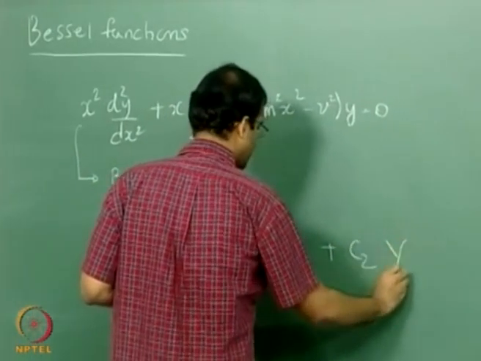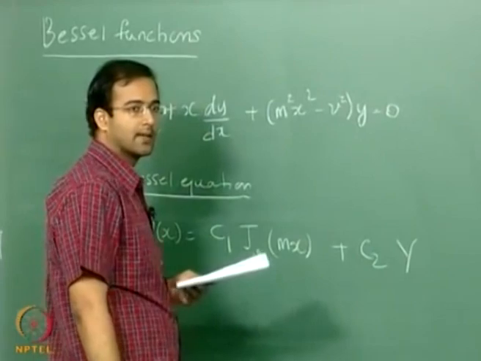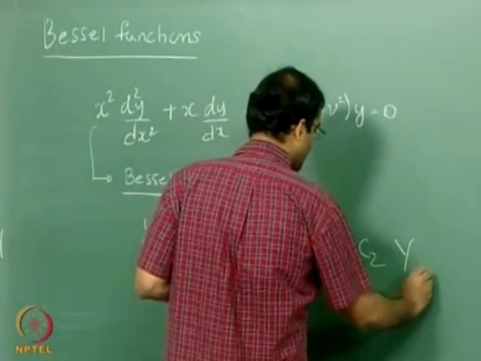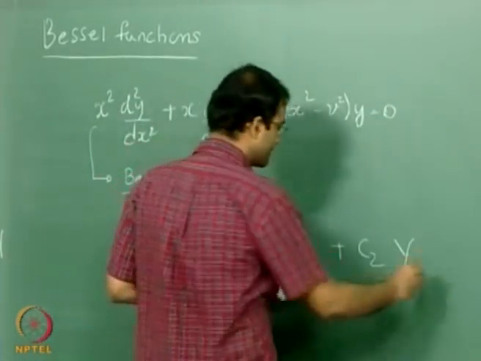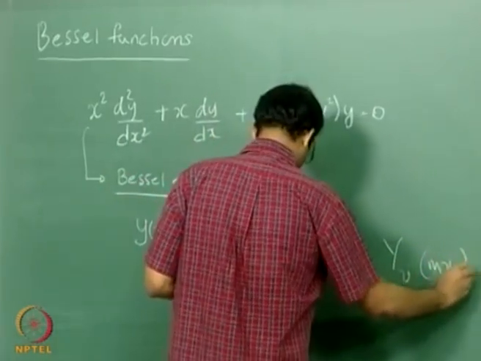Now the Bessel function of the second kind is represented by the letter Y, with the order represented by the subscript nu, Y nu of mx.